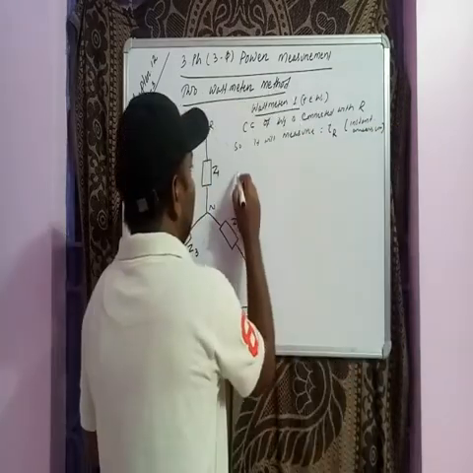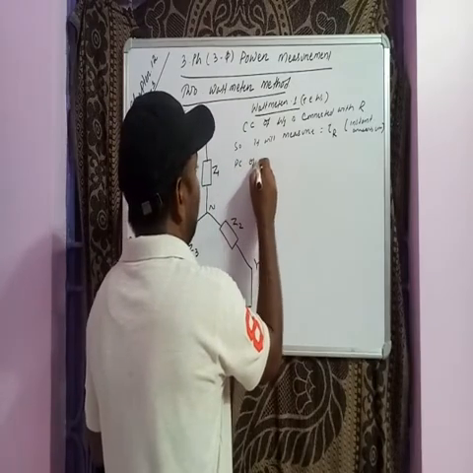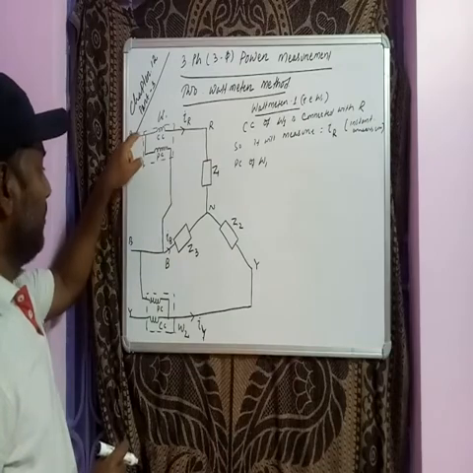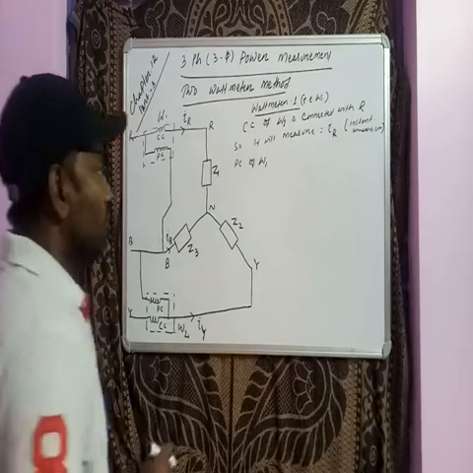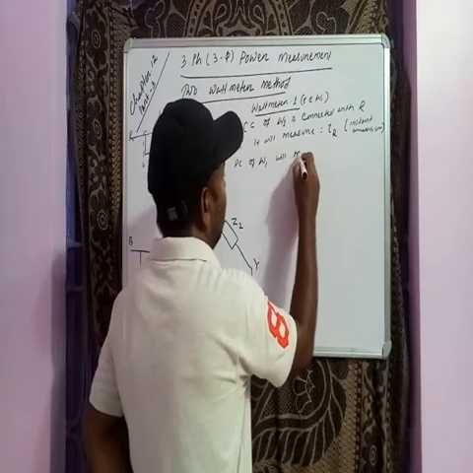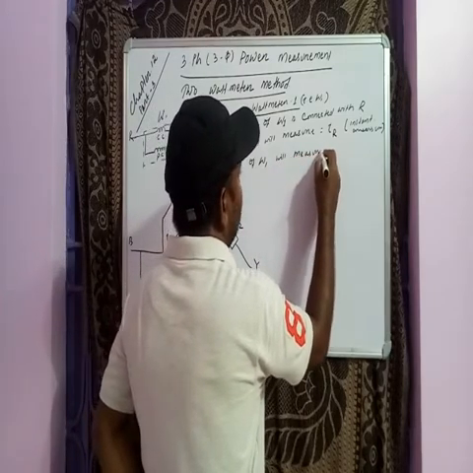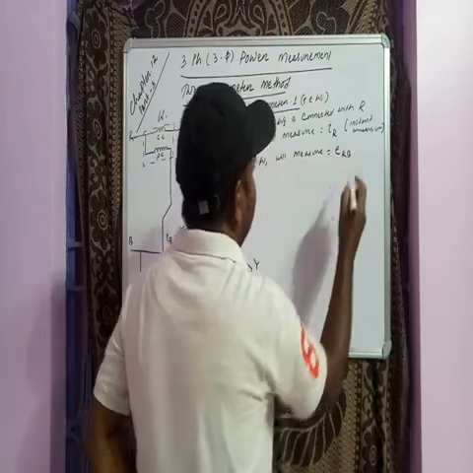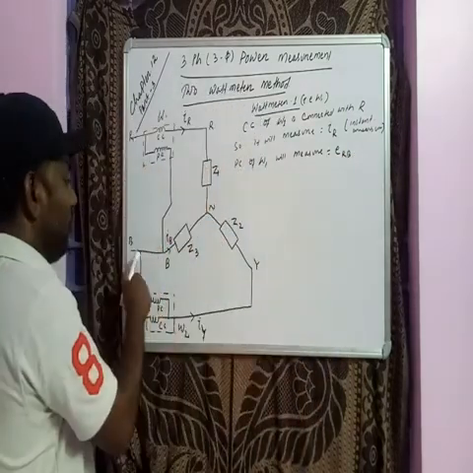Okay. Potential coil of W1. See, the potential coil is connected between R and B. So the potential coil of W1 will measure what? ERB, because it is connected between RB.